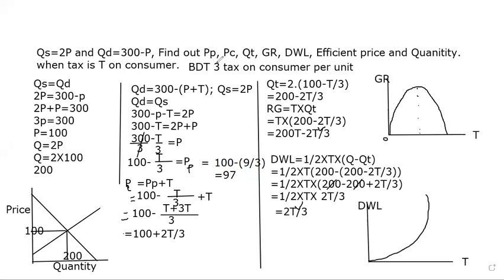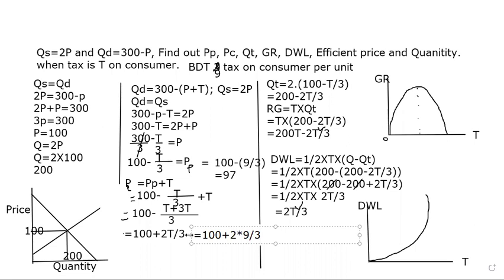And consumer price will be this 9 taka, 9 taka per unit. So 97 taka is received by the producer, and the cost to the consumer will be 100 plus 9/3.